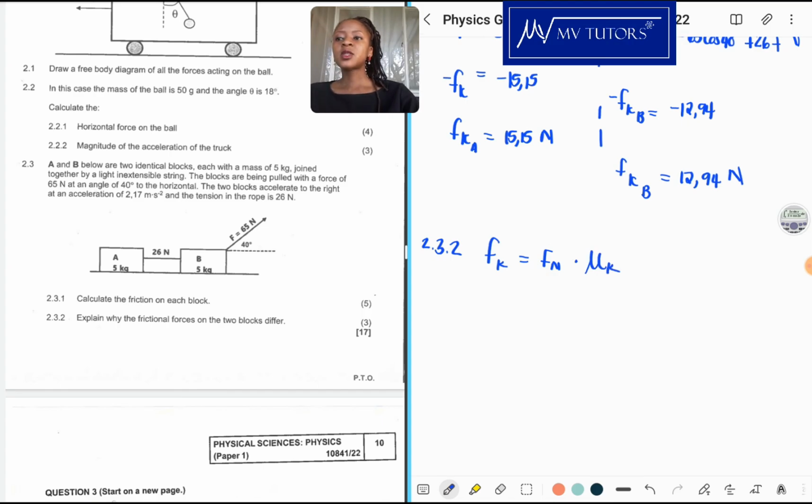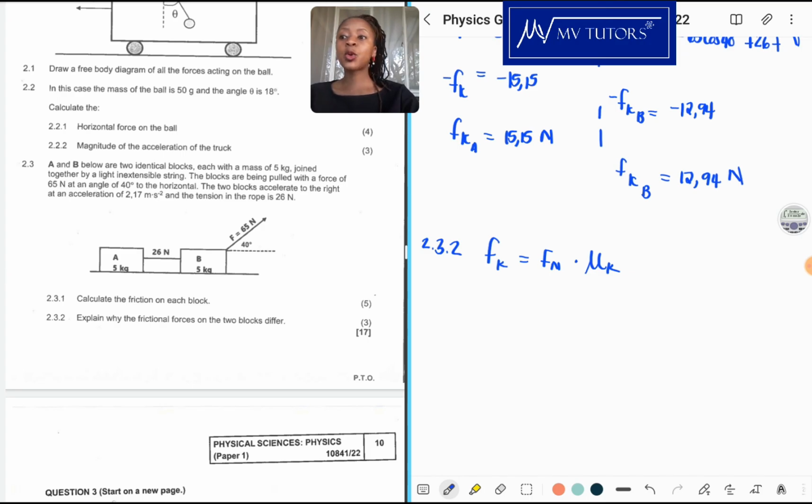We were not told anything about the surface conditions, so one could assume that the coefficient of kinetic friction is the same for each block, assuming it is the same material or the same roughness that these two blocks are sliding over.